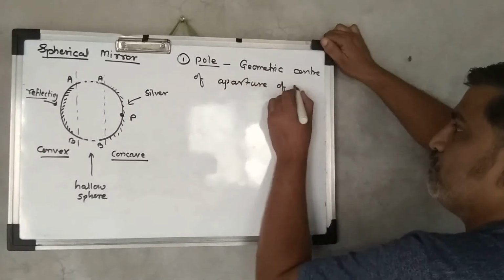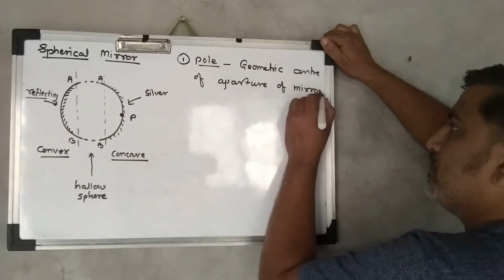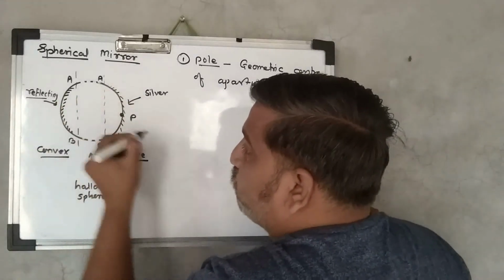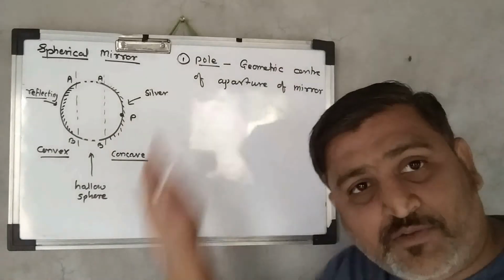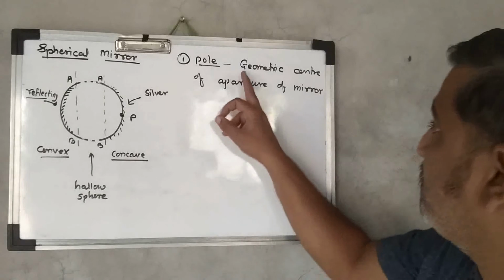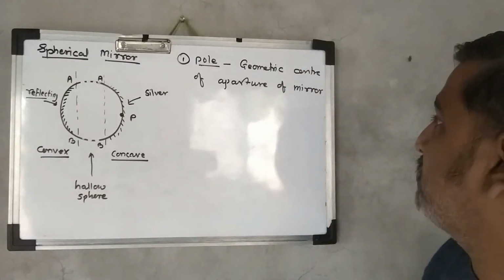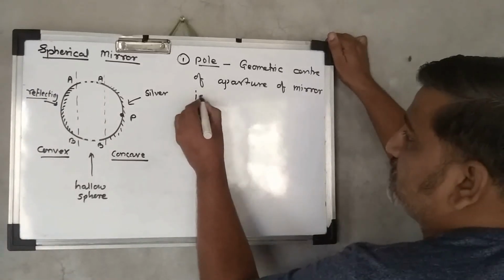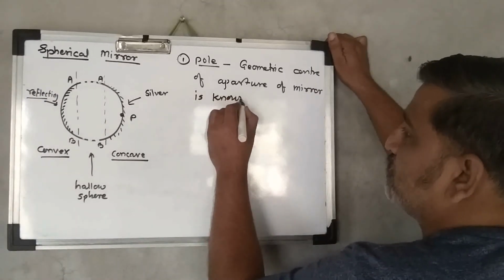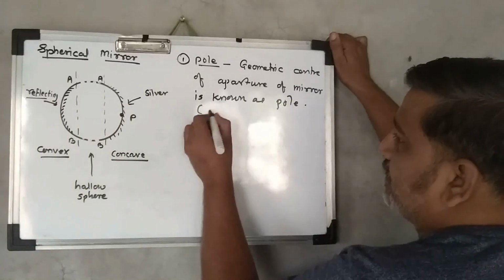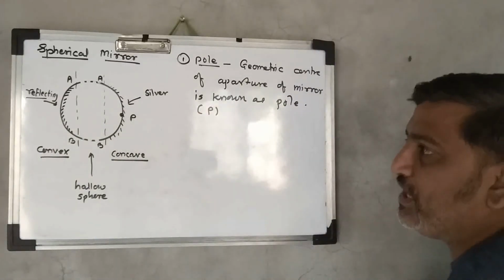This is the aperture where the incident ray falls. The surface on which the incident ray falls is nothing but the aperture, and the geometric center of this aperture of the mirror is known as the pole. Understood? And it is represented by the letter P.